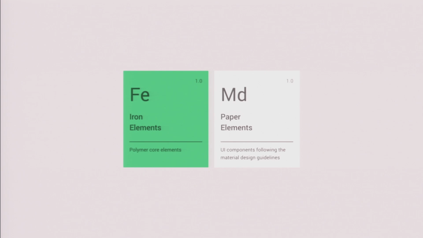We also have paper elements. A lot of folks are familiar with these. Many people who have heard of Polymer probably think that Polymer is just these paper elements, which implement material design. When we announced Polymer a couple years ago at Google I/O, this was a big component of what we were talking about, and a lot of people have conflated the two.